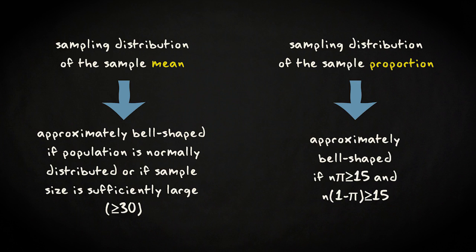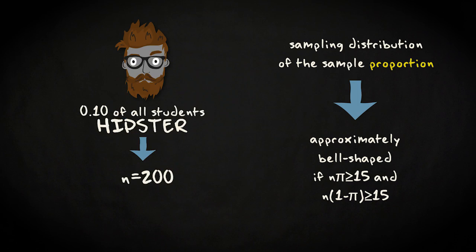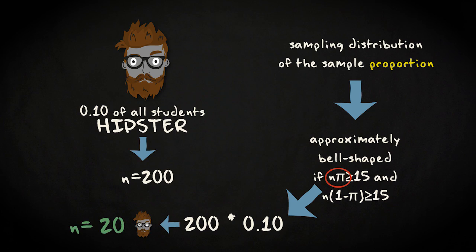n multiplied with pi is equal or larger than 15, and n multiplied with 1 minus pi is equal or larger than 15. What does that mean for our example? First, the product of the sample size and the population proportion should be 15 or more. In our case, that's 200 multiplied with 0.10. That equals 20 hipsters, and 20 is larger than 15.